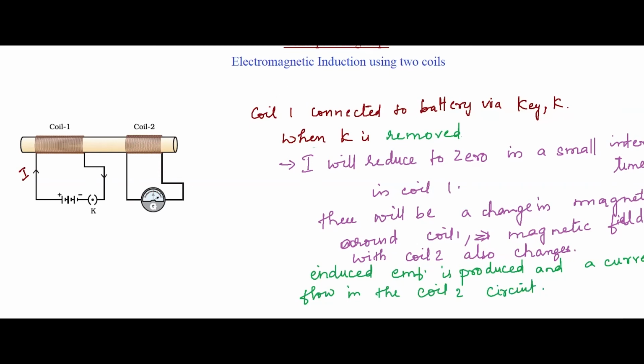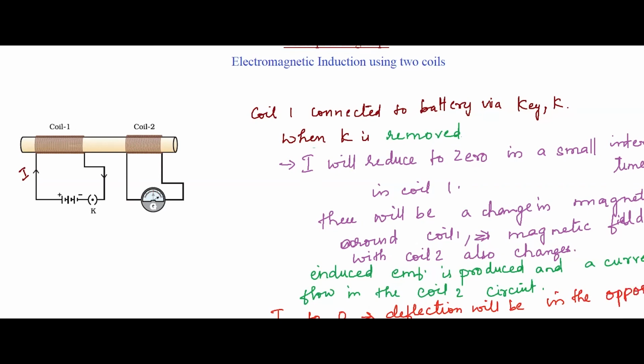This time the direction of the current will be opposite to that of the previous, because the flux is decreasing from a maximum value to a small number of flux lines. In other words, the current is decreasing from a maximum value I to 0. So the EMF induced will be in the opposite direction and the current will be in the opposite direction. So the deflection in the galvanometer will be in the opposite direction.